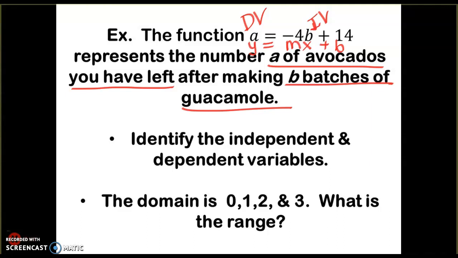Eventually, I'm going to run out of avocados because I only have 14 avocados to begin with. So my independent variable, the one thing that can stand alone, is the batches of guacamole. And my dependent variable, the one that depends on the other one, is my avocados.